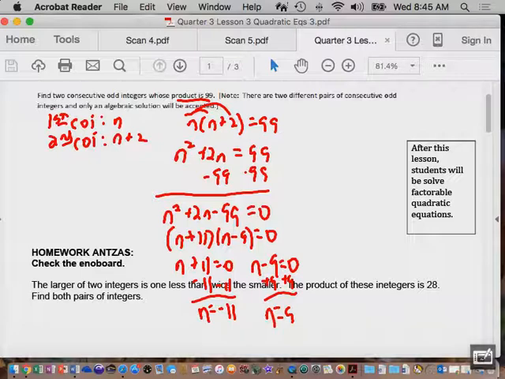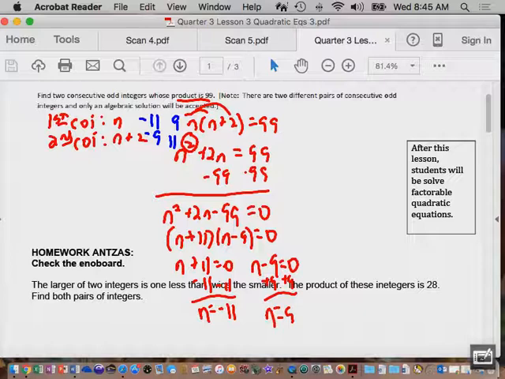It means there are two sets of answers. Let's go back. Remember we said with a quadratic, whenever I see the exponent squared term, that indicates there are two possible answers. Sometimes there's one answer, sometimes there's no answers, sometimes there's two. We have to evaluate it in context. In this problem, the two answers are actually negative 11 and negative 9, or positive 9 and positive 11.